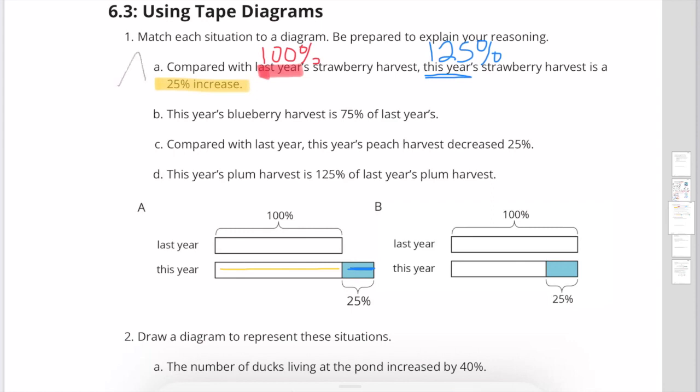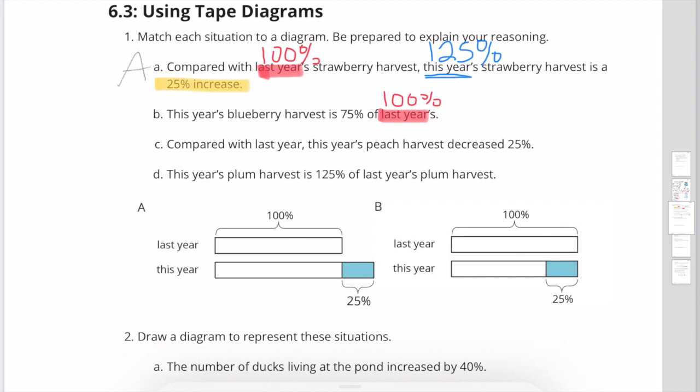matches diagram A. B, this year's blueberry harvest is 75% of last year's. Okay, so last year represents what percentage? Okay, that's my 100%. But this year says it's 75% of last year.